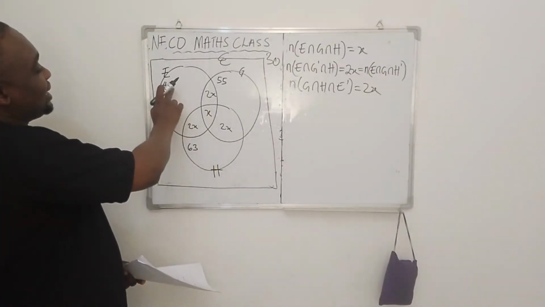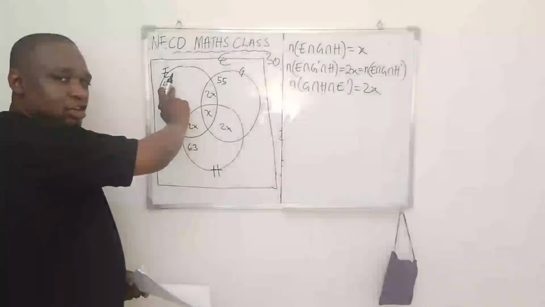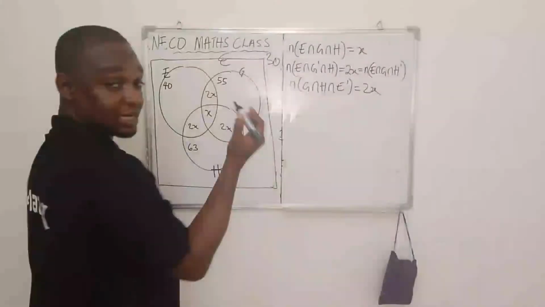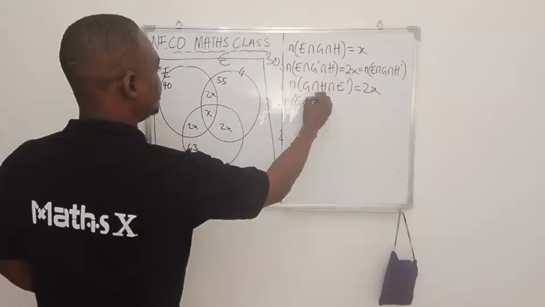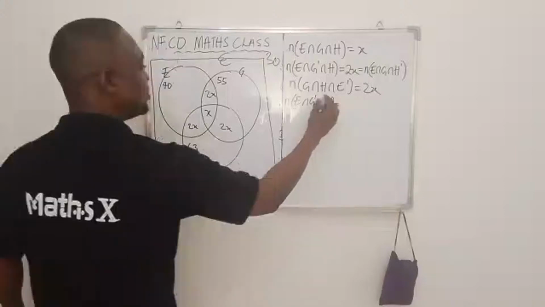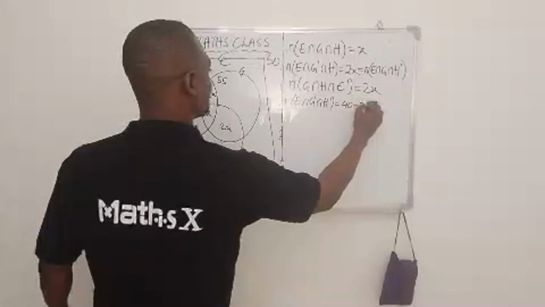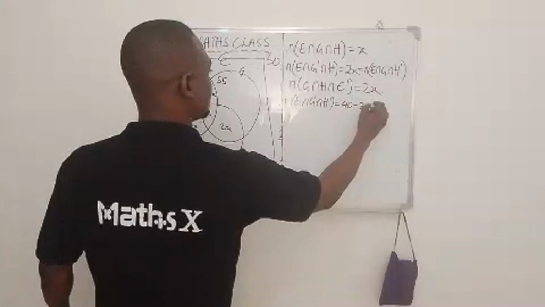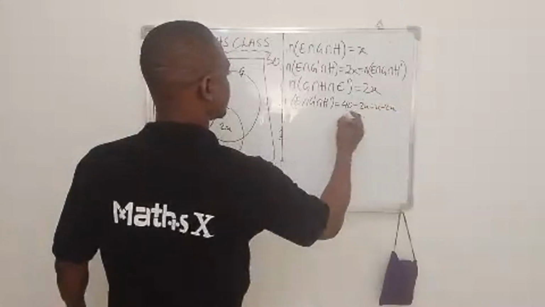So how do I get the number that are doing strictly economics? To get the number, using set notation, G complement intersection H complement, that will be 40 minus 2x minus x minus 2x.